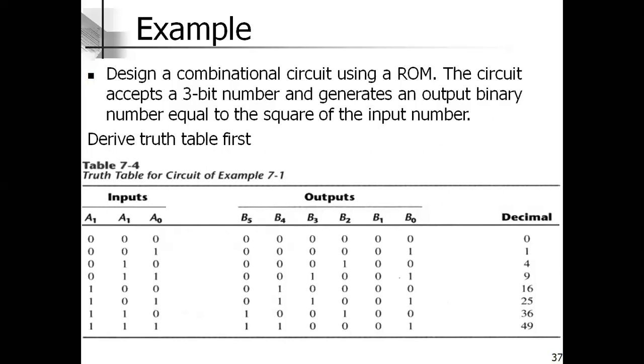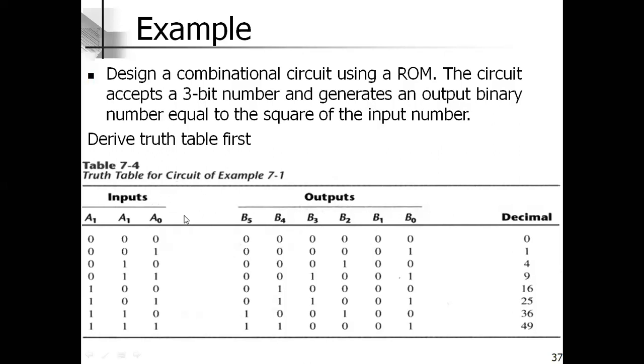And n is the number of output bits, so the n value is 6, since the largest square is 49. Each word can contain a 6-bit representation. Here, how many outputs are generated? The square of the input number.